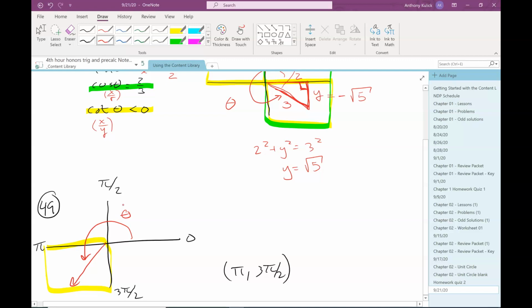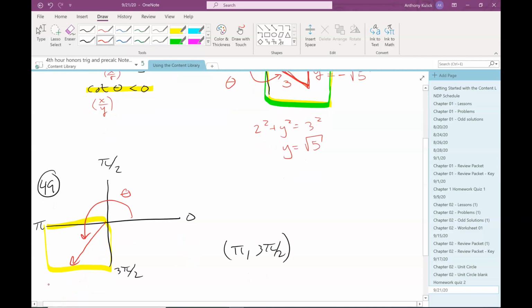Okay with that, Dan? So in that third quadrant, the x-coordinate is negative and the y-coordinate's negative.